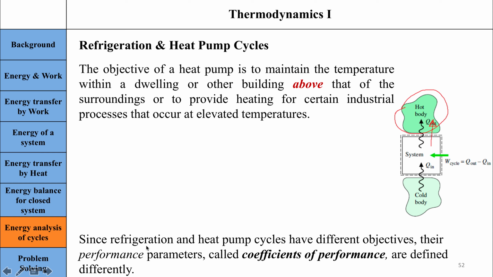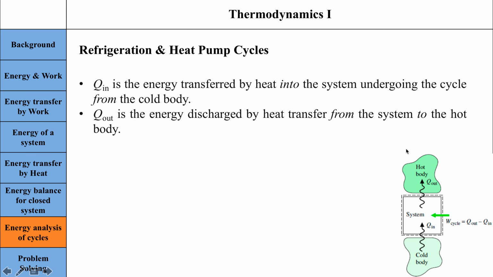And because both of these cycles have different objectives, for their performance parameters, instead of calling them efficiencies, we call them coefficients of performance. And they're defined differently as well because obviously we're interested in different bodies. And again, the direction of work done is the opposite for refrigeration and heat pump cycles.